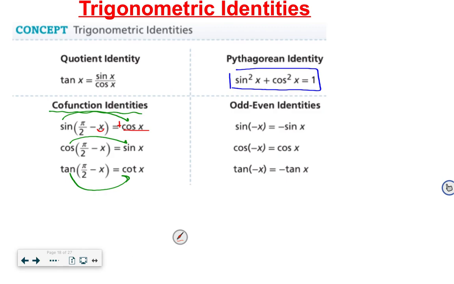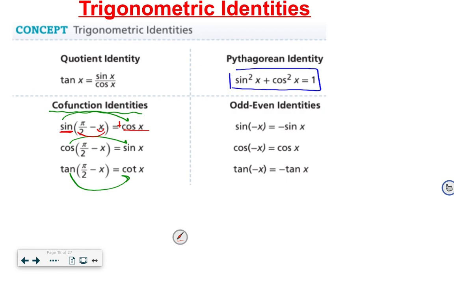You need to check the original function. Where is this angle located? In the first quadrant, because pi over 2 minus x is located in the first quadrant. In the first quadrant, what is the sign of sine function? Which is positive. That's why you will say positive cosine x.